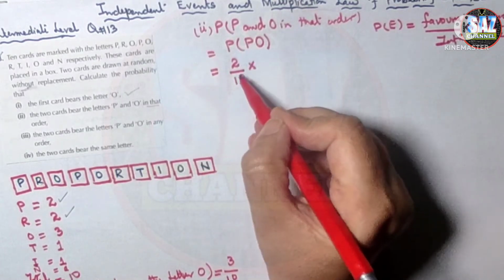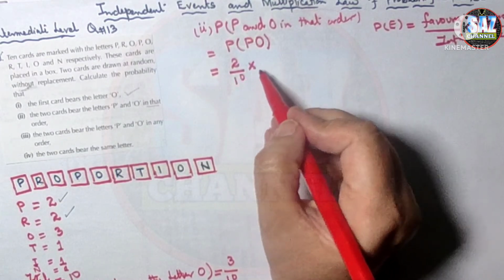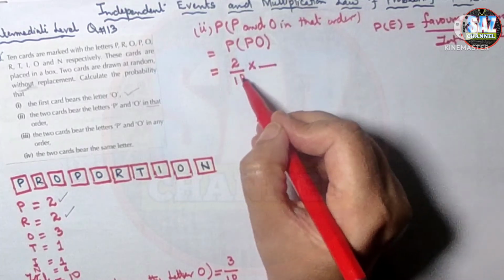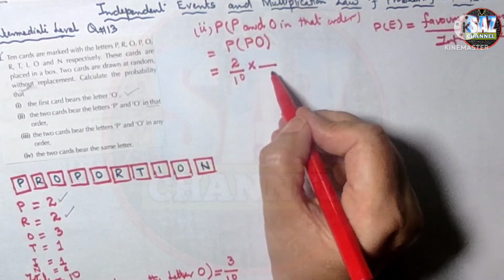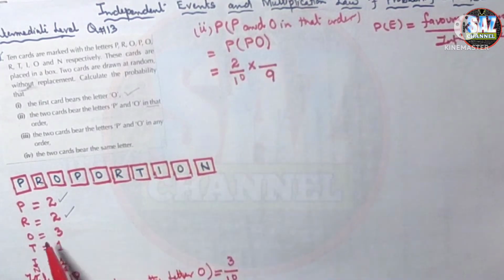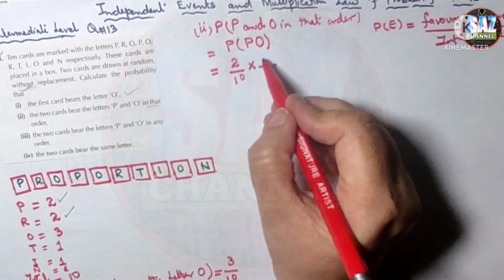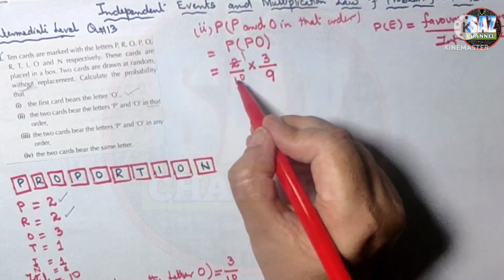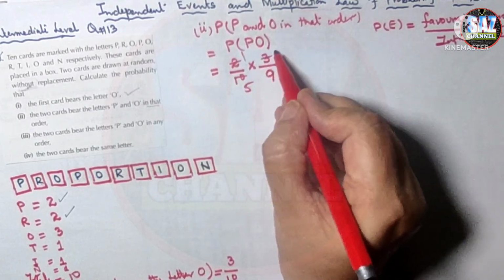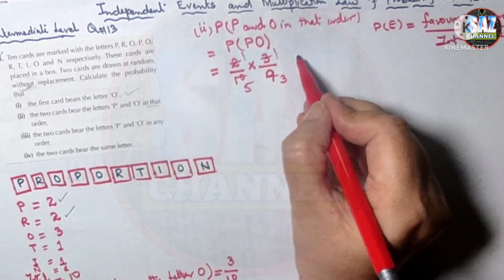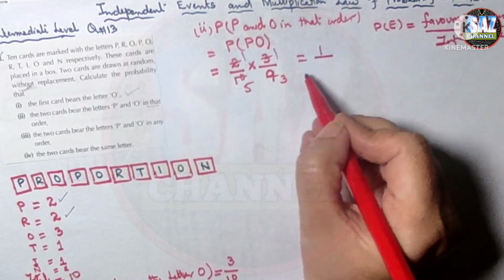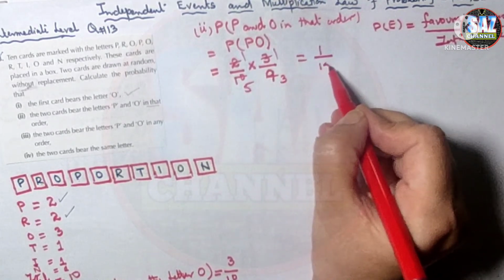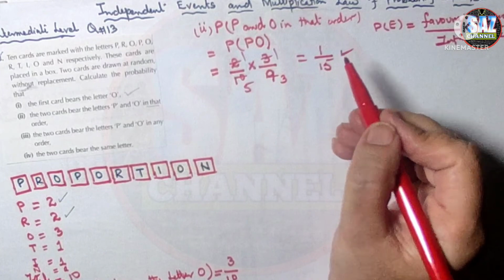As we have picked up one card, the choices of O will not be out of 10, they will be out of 9. But the total chances of O are not affected, they will remain the same. So 2 ones are 2 and 3 threes are 3, so P and O in that order will have the total chances 1 by 15.